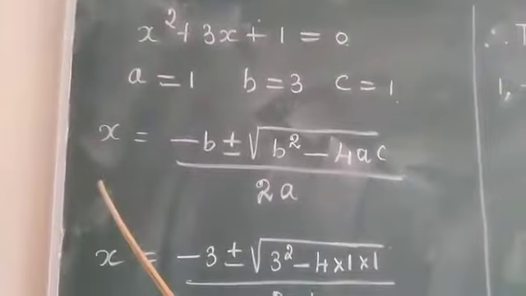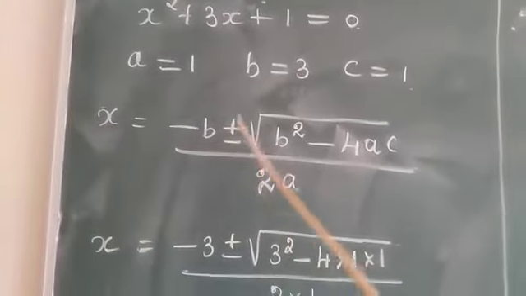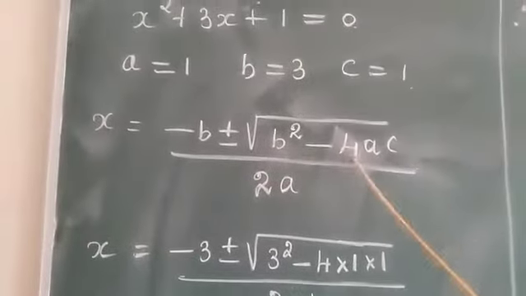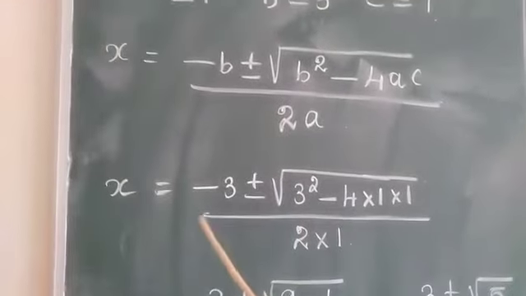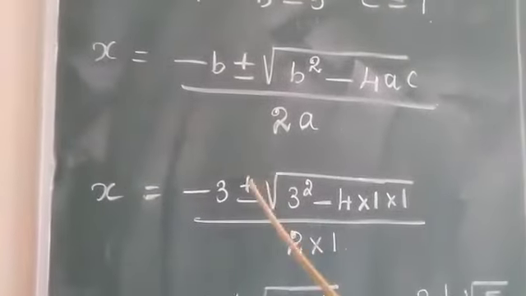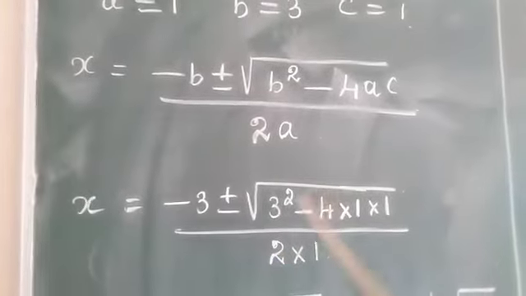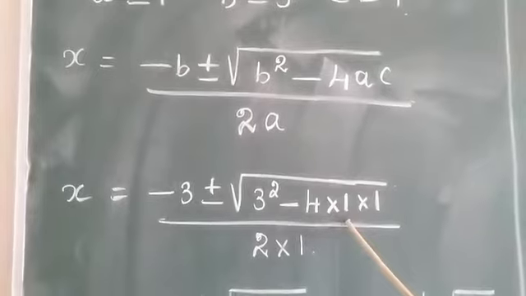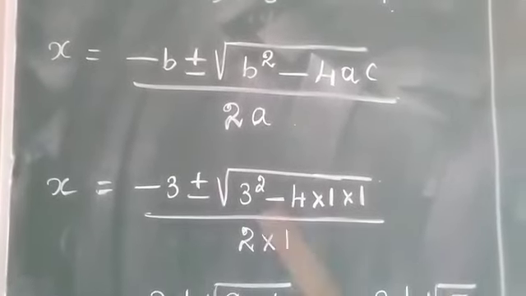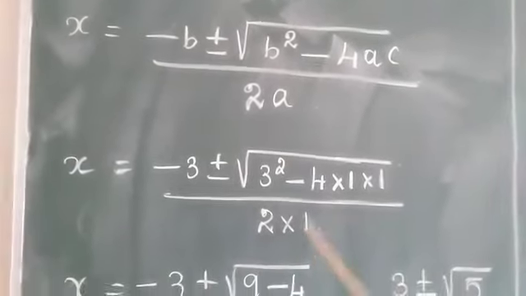Now the formula is x equal to minus b plus or minus square root of b square minus 4ac, divided by 2a. If we substitute the values, x equal to minus 3 plus or minus square root of 3 square minus 4 into 1 into 1, divided by 2 into 1.